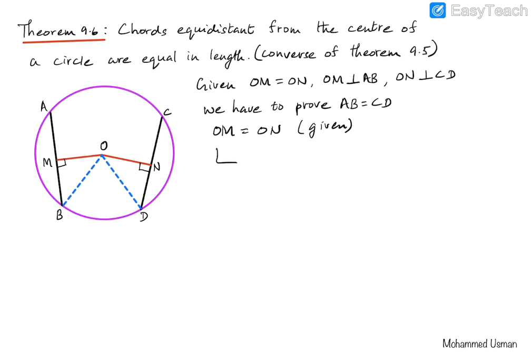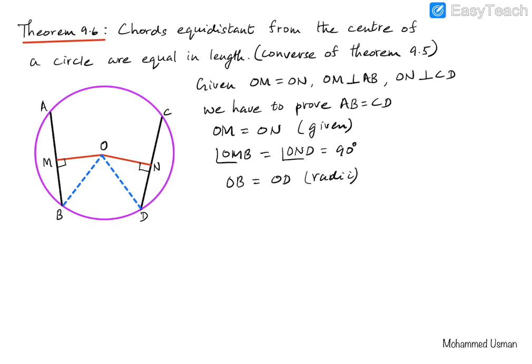We also know that the angle OMB is equal to the angle OND, and they are both equal to 90 degrees, because the distance from the center of the circle to the chord is measured by the perpendicular line between the chord and the center. Since it's perpendicular, these angles are 90 degrees. And then we have OB equal to OD, because they are both radii of the circle.